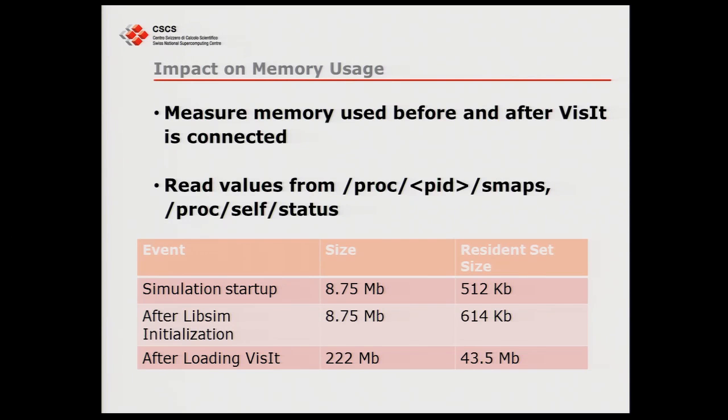That's a little bit more expensive. At simulation time, 8 megabytes, independent of the size of the job. After initialization, another 8 megabytes. And after loading visit, 200 megabytes. It's getting to be a little bit fat in terms of memory.